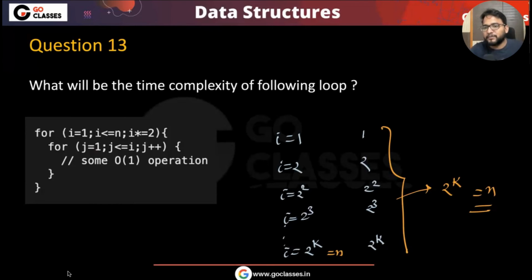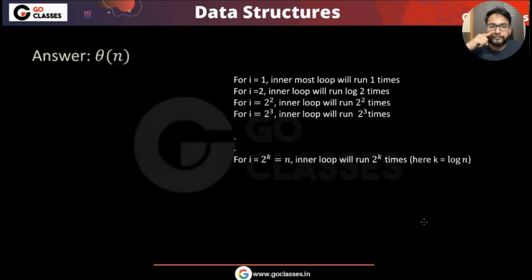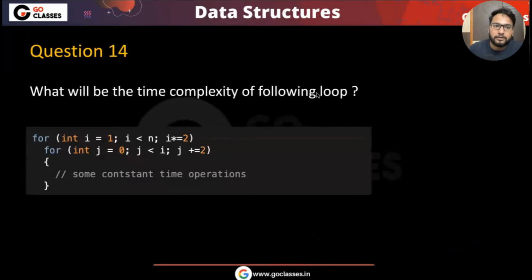Since it is increasing GP, take the last term. Don't do this GP calculation in asymptotic notations. We will prove this in the algorithm. I mean, there is nothing fancy to prove, but we will see this in the algorithm. Let's see this question number 14.